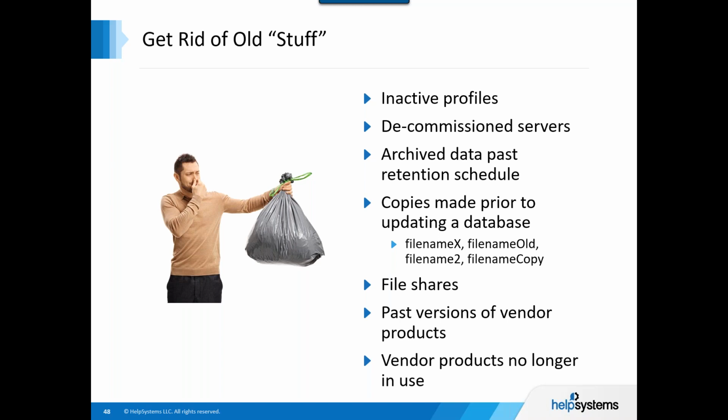But once that change is made and you know you don't have to roll it back, get rid of that production copy, because it's usually not secured the same way as the actual production copy. Get rid of unused file shares and past versions of vendor products no longer in use. If it's on the system, you have to be concerned about the security aspects of it. So rather than deal with all that, just get rid of it if it's not in use.